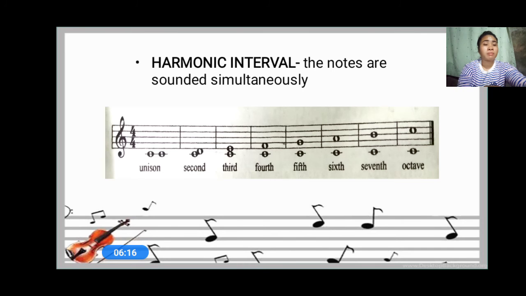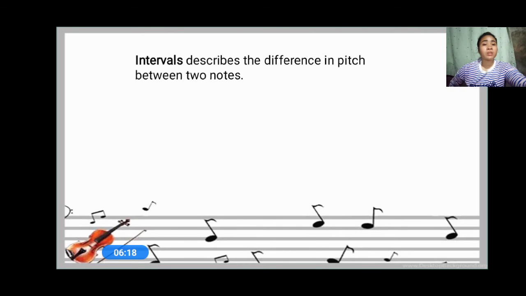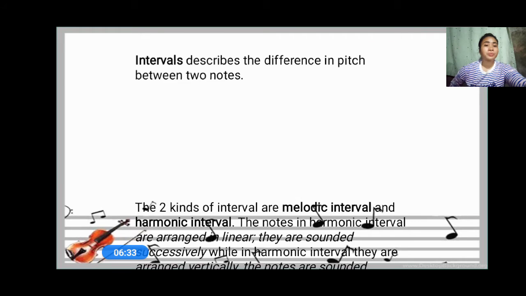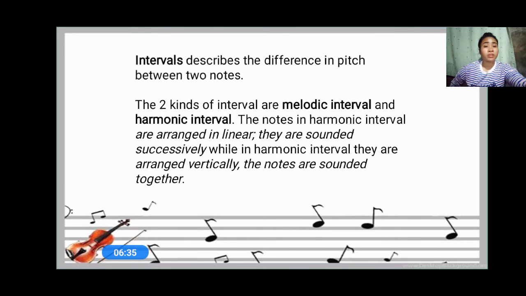Do you understand me? So everyone, interval describes the difference in pitch between two notes. So what does interval describe? The difference in pitch between two notes. The two kinds of interval are melodic interval and harmonic interval. The notes in melodic interval are arranged linearly.